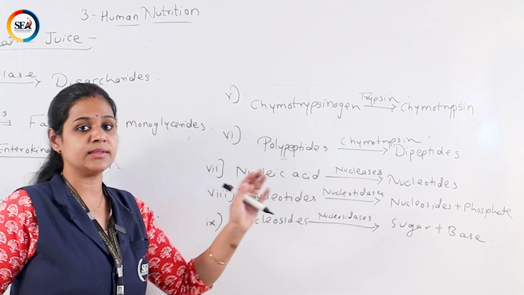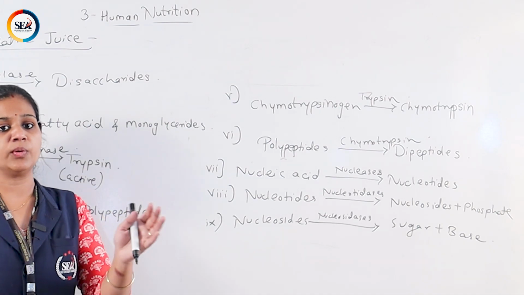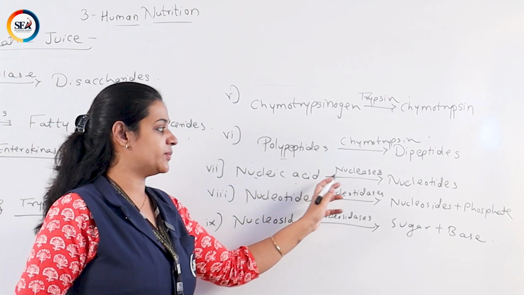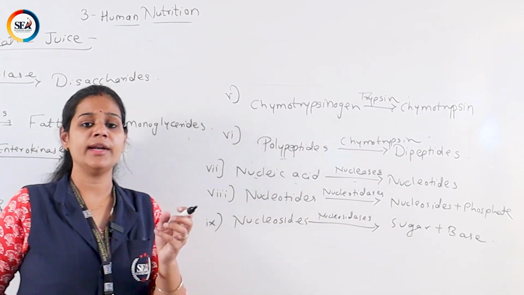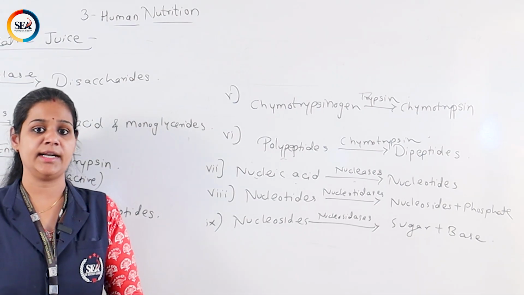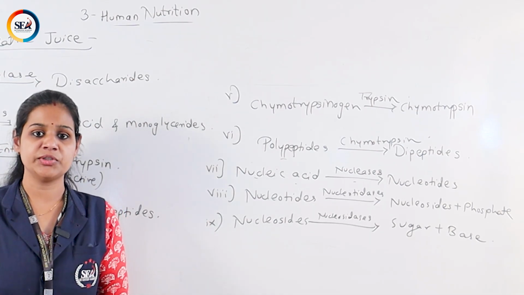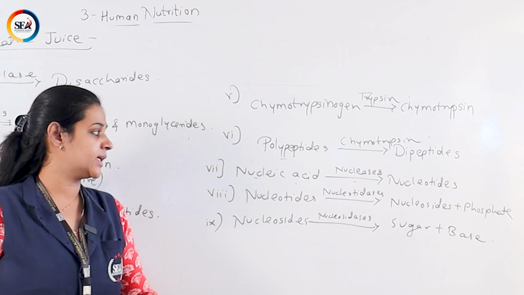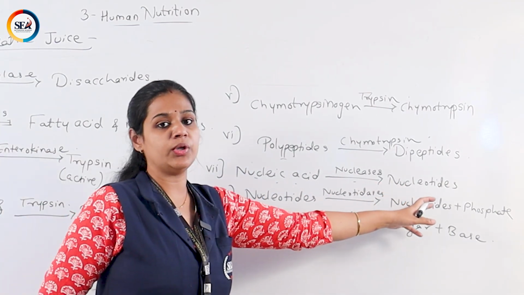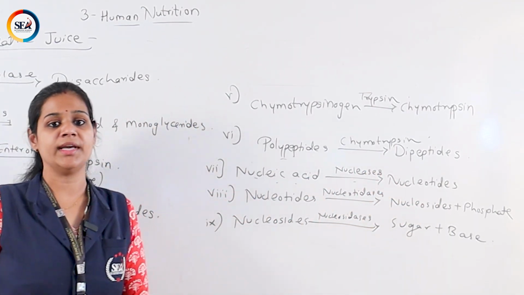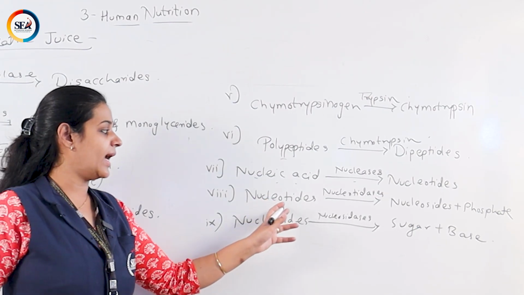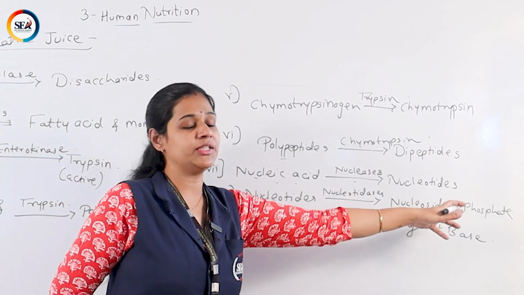Next, nucleic acid: nucleases play an important role here. What are nucleases? The enzymes which break down nucleic acids. Nucleic acid is broken down into nucleotides, and we already know that nucleotides contain sugar, phosphate, and nitrogen bases. Nucleic acid is converted into nucleotide with the help of the enzyme nucleases. Now, nucleotide is broken down into nucleoside plus phosphate.